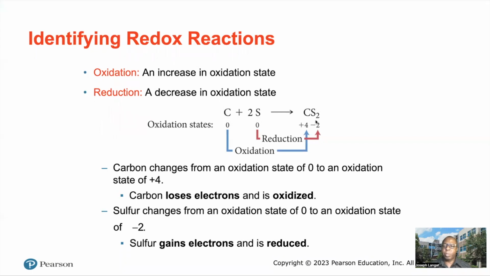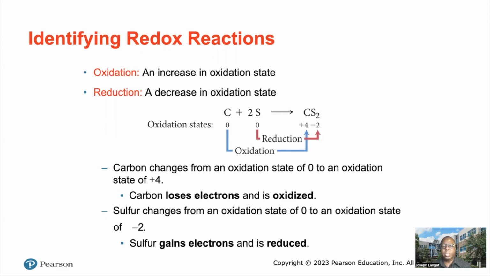However, in the compound, if we do the calculation just the way I walked you through in the previous slide, it will turn out that sulfur has an oxidation state of -2, +4. So here is reduction. You see from 0 to -2, that means we have added 2 electrons. But for oxidation, we are losing 4 electrons.